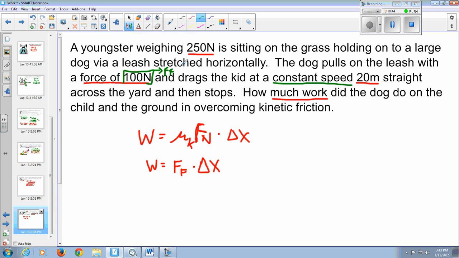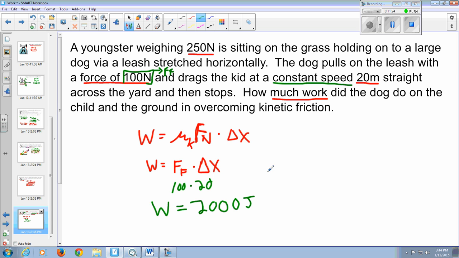It's also the force of friction, which simplifies this entire problem pretty easily, to where that's 100 times 20 meters, which gives you work equal to 2,000 joules, or 2 kilojoules, or 2,000 newtons times a meter.